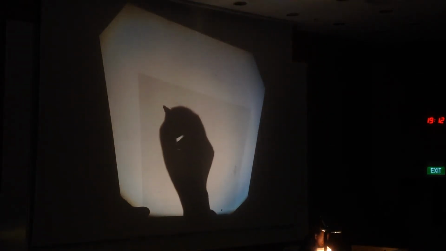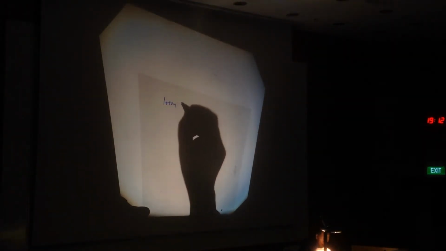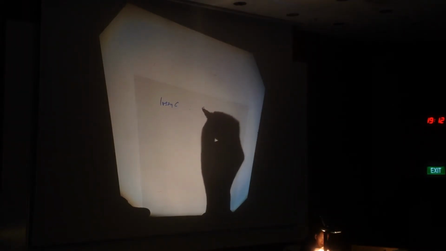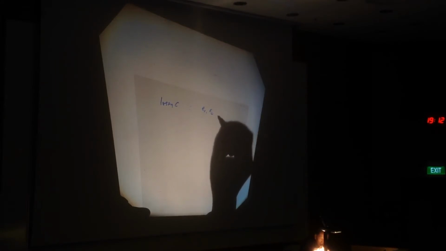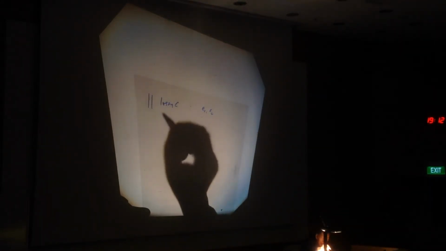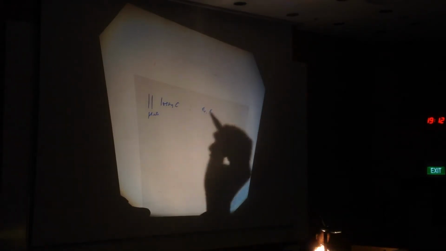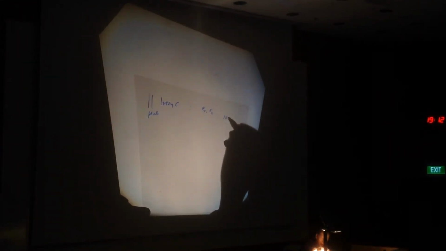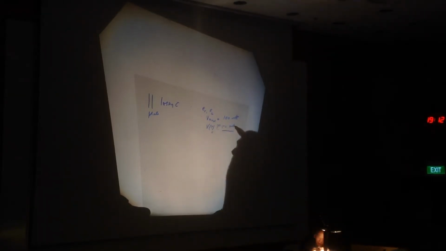So you have a lossy capacitor. You are given epsilon R, you are given sigma C. Say the capacitor is charged up to 100 volts. How long does it take to go back to 50 volts? So charge to V max, then V of t across the capacitor equals 50 volts.